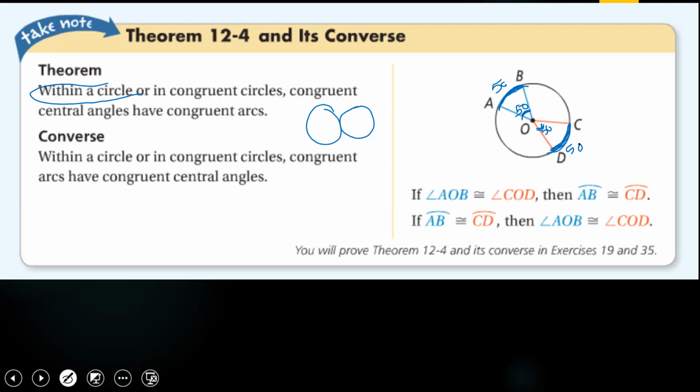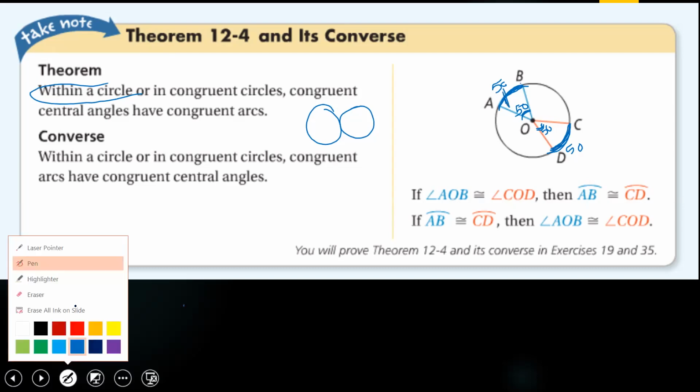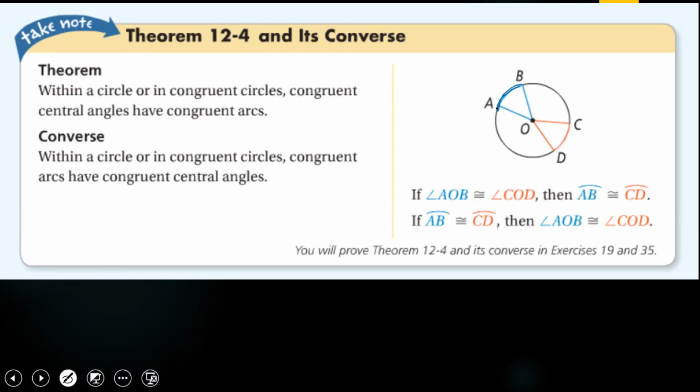Now let's see the converse of the theorem. The converse says, if there are two congruent arcs, if arc AB is congruent to arc DC, that means the central angle AOB is congruent to the central angle DOC.